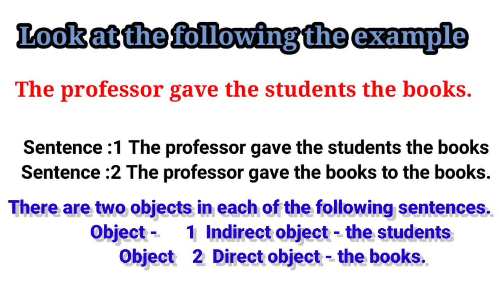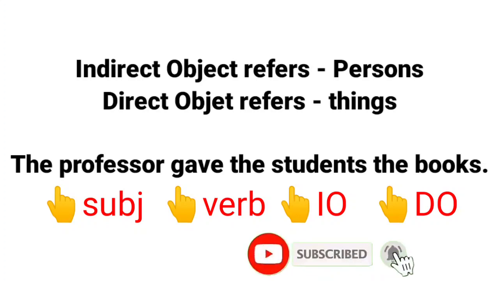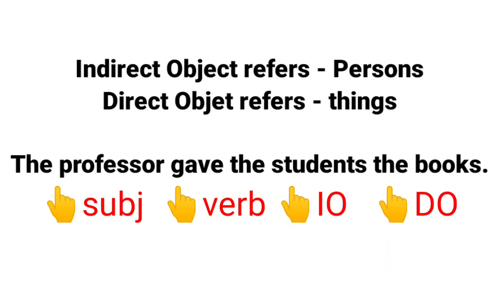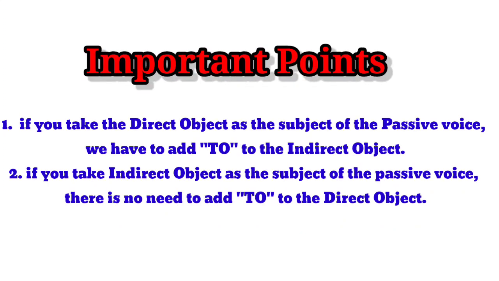Object 2, direct object. An indirect object refers to persons and a direct object refers to things. In this sentence, subject is the professor, verb is gave, indirect object is the students, and direct object is the books. Friends, here you have to remember 2 points.